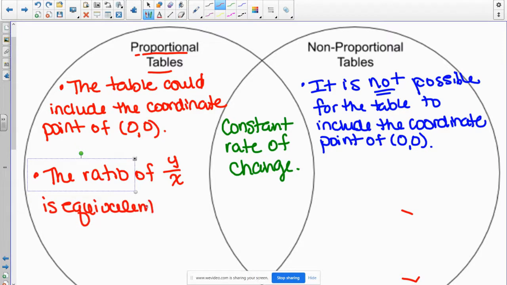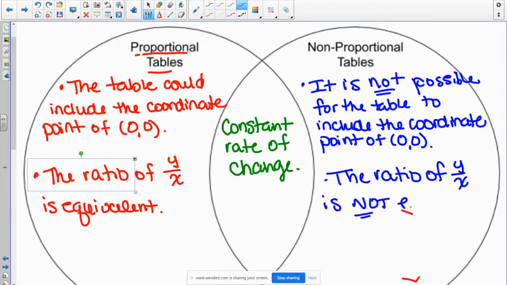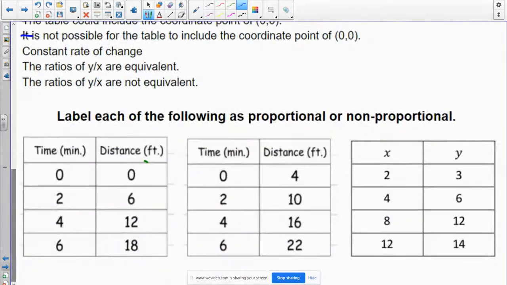And then the opposite of that on this side, the ratio of y over x is not equivalent. And we're going to look at a couple of those examples here. So look at these tables and we're going to label them as proportional and non-proportional.